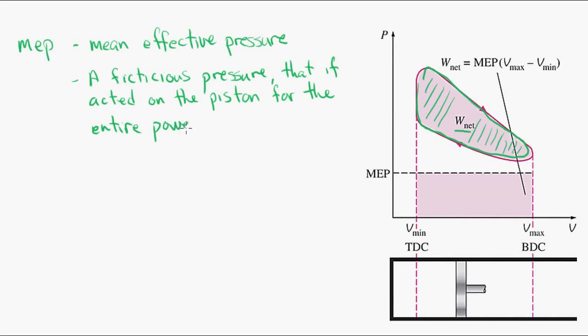The MEP is a fictitious pressure that, if it acted on the piston for the entire power stroke, would produce the same amount of net work as is actually produced in the cycle.